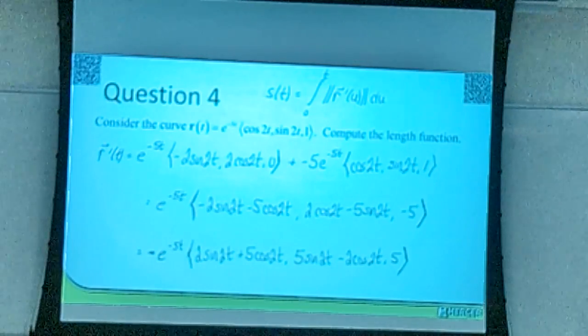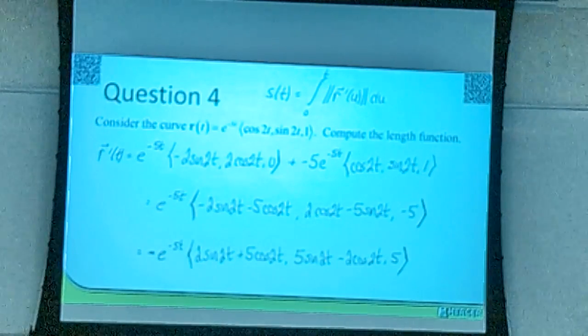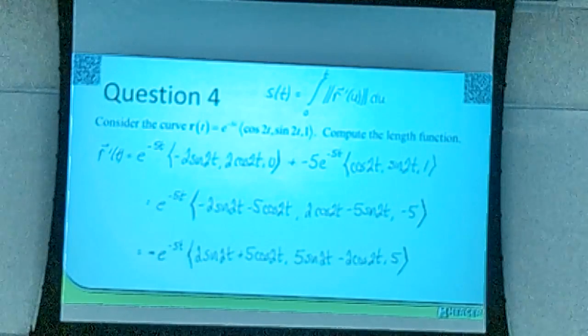Yeah, that's the fun part. Gotta take that magnitude.